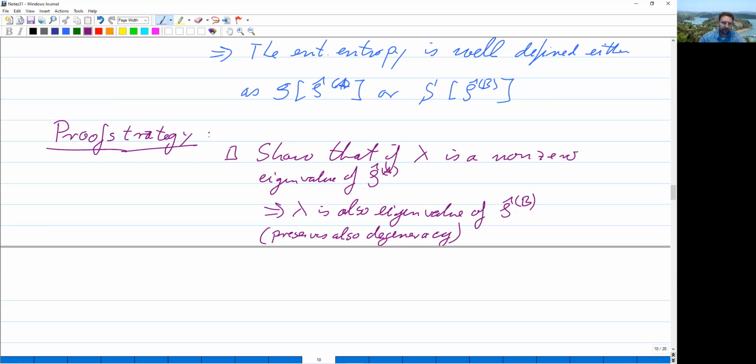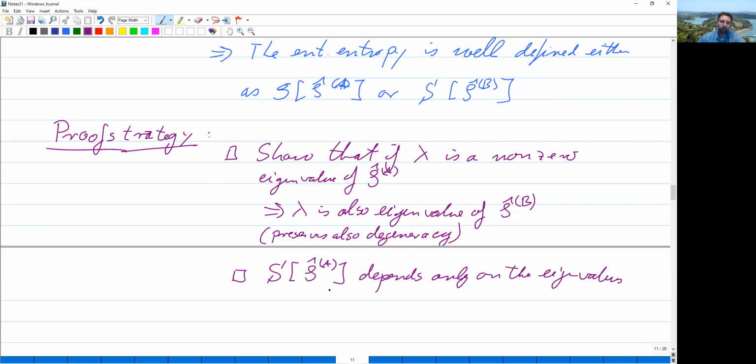Now, secondly then, the von Neumann entropy of our density matrix depends only on the eigenvalues of rho hat A that are non-zero.